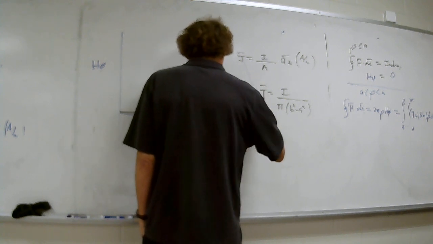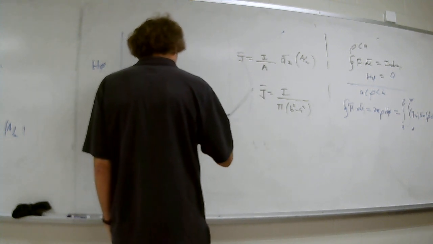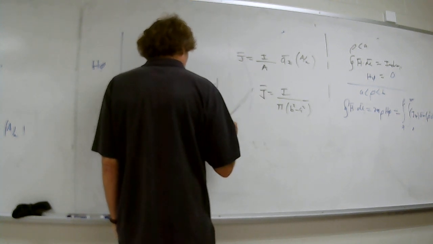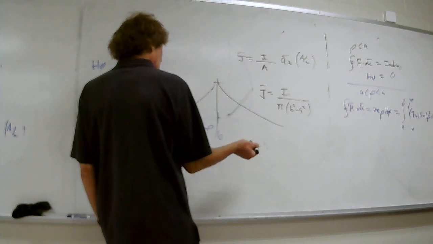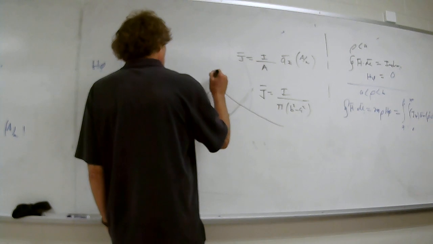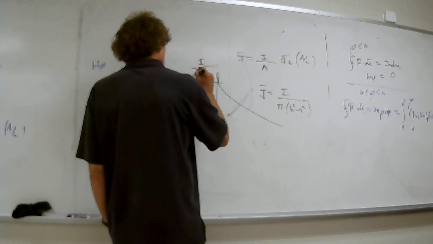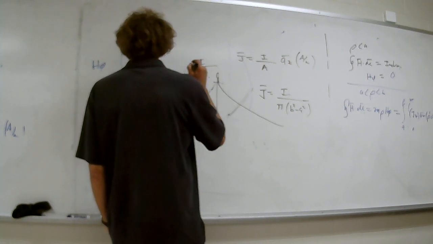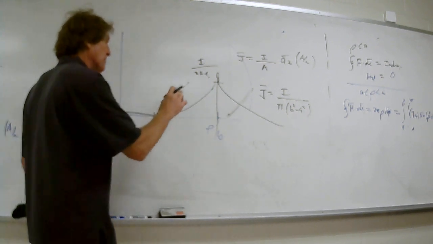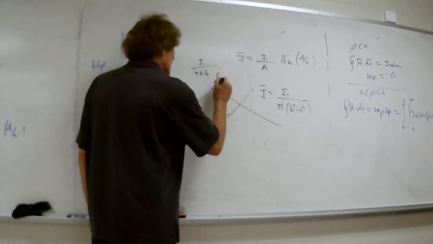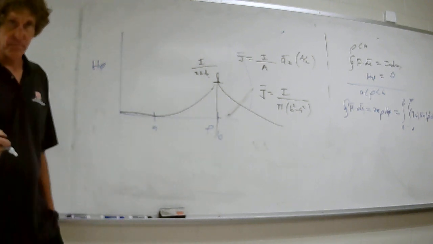It's doing this, and then it hits here, and then it's going to fall off as 1 over rho. So this point right here will be I over 2 pi b as far as H phi. Do y'all agree with that? That would be the height, and that's what it will look like.